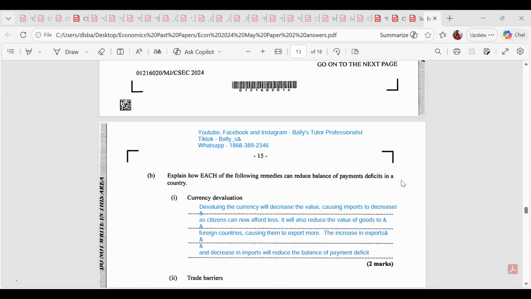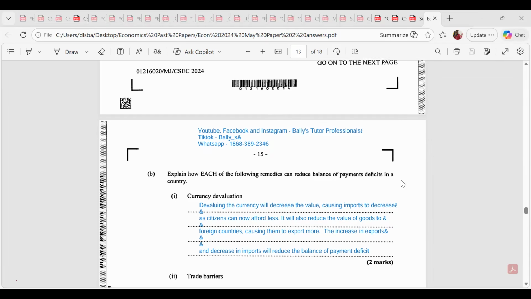What about trade barriers now? If we have a balance of payment deficit, meaning we have more imports than exports, what trade barriers could we use to help with that? Tariffs, and one more, quotas.